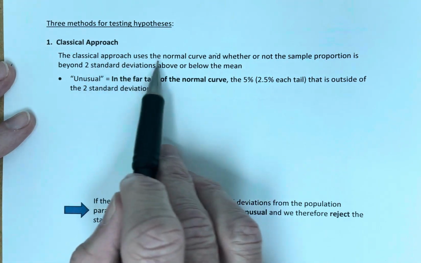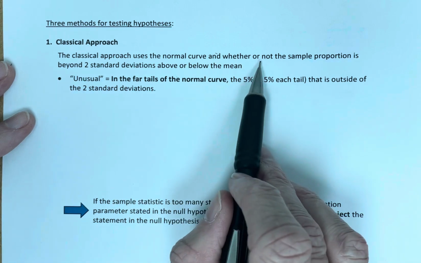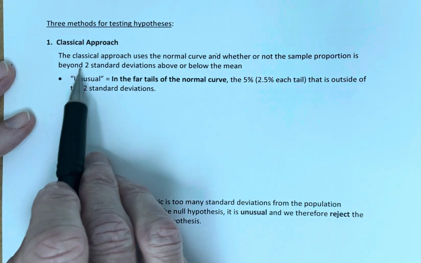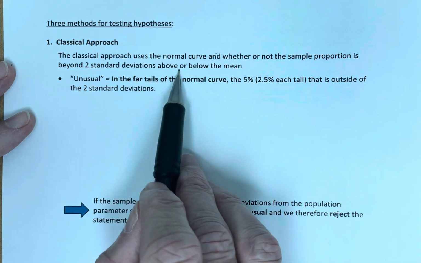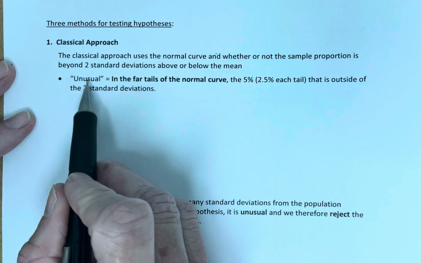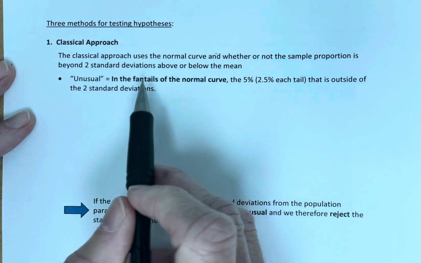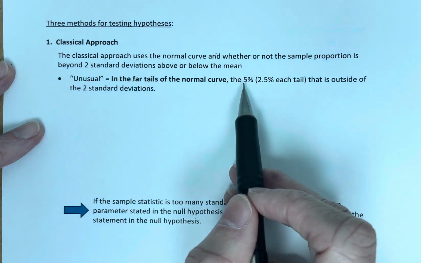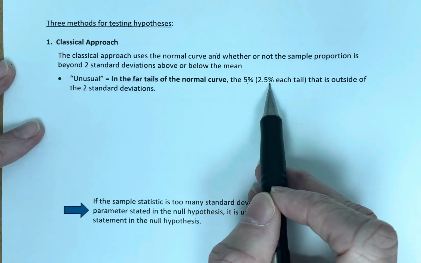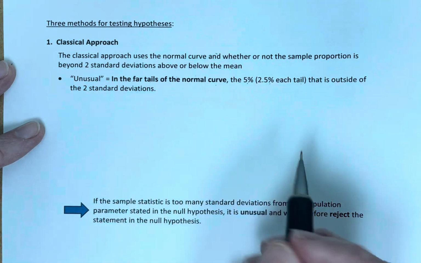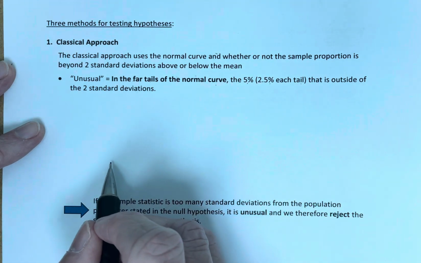The classical approach uses the normal curve and whether or not the sample proportion is beyond 2 standard deviations above or below the mean. What does unusual mean in this case? In the far tails of the normal curve, the 5%, 2.5% for each tail that is outside of the 2 standard deviations.